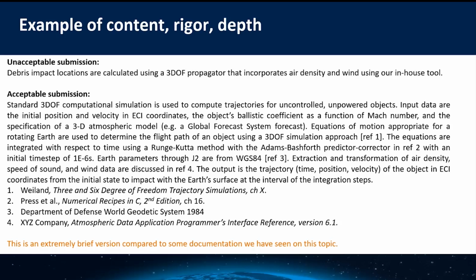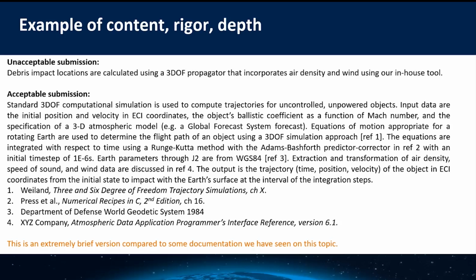In this example, the acceptable summation has a description of the input data, that is position, velocity, and beta. It contains a reference to an atmospheric model, which we can verify, and a reference to an Earth model that is widely used in the industry, and to equations of motion and how they are integrated with respect to time using the Runge-Kutta method with an error predictor and corrector that has a reference we can review to learn how error is being handled in the integration.